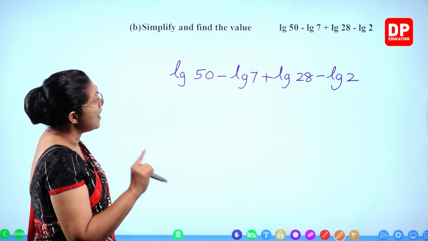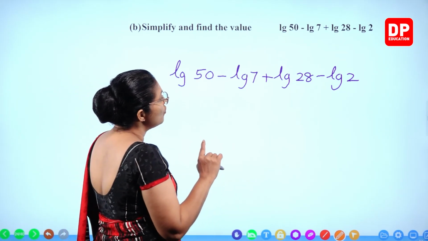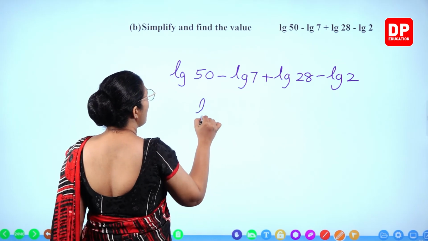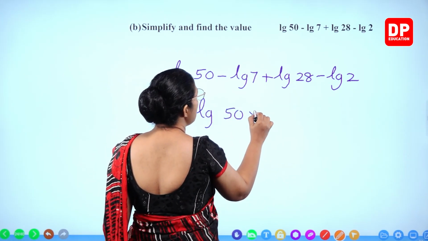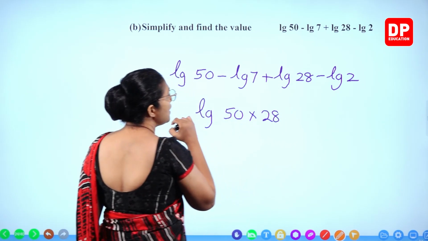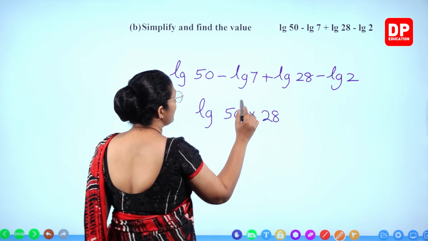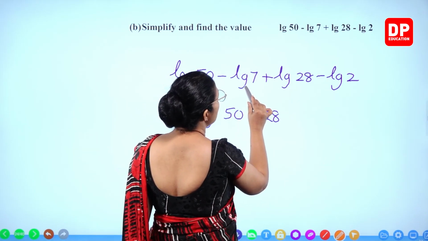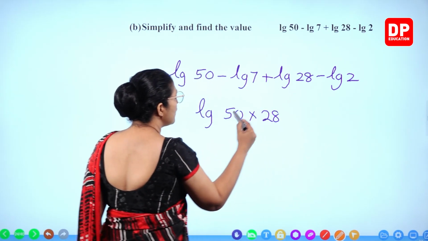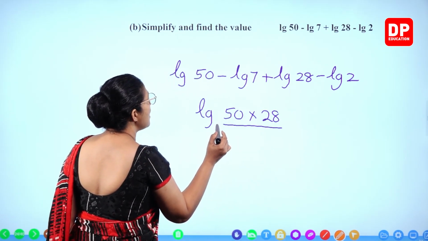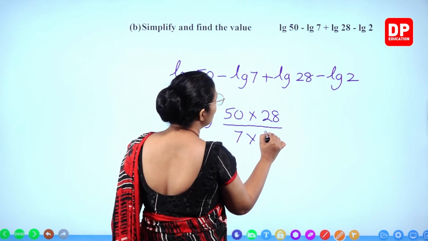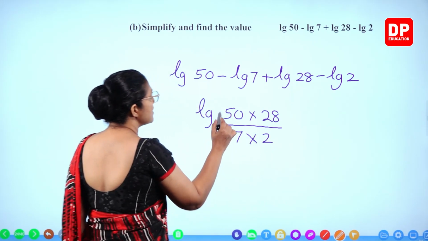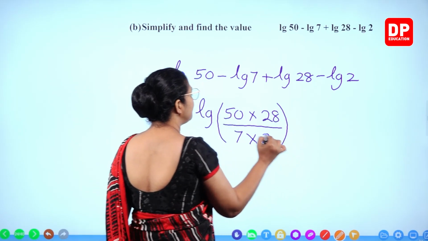And when you have addition of logarithms, you multiply. So you can write 50 and 28 multiplication because that's positive. And this minus 1 and this minus 1, both you have to put it down as the denominator, 7 and 2, because that's negative logarithms.